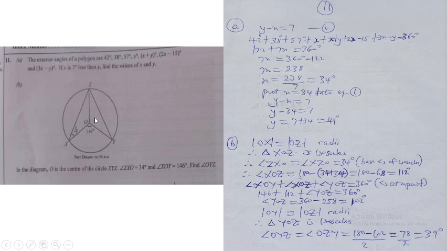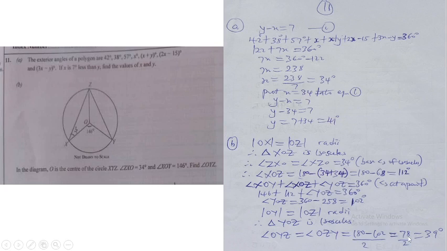But we have already gotten this angle here as 112. So how do we now get these two angles which are equal? If you remove this angle from 180 degrees, sum of angles in a triangle, then whatever we get, we now divide by 2. That will give us this angle and this angle. So angle OYZ that we have to find is equal to 180 degrees minus 112, then divided by 2.